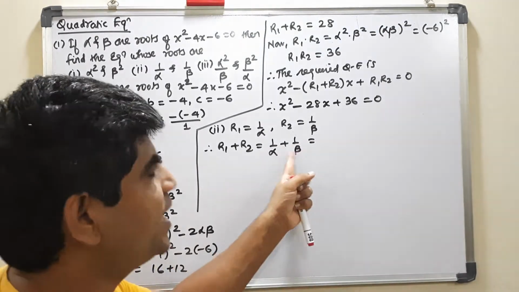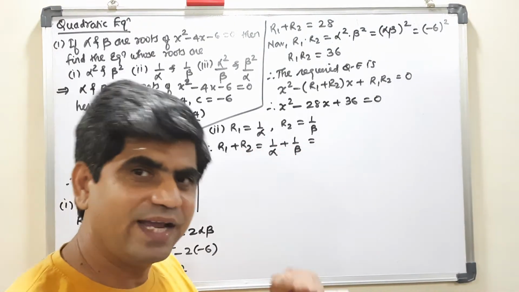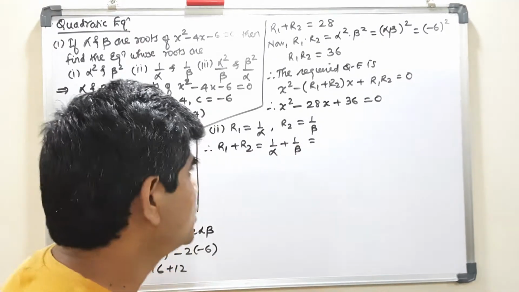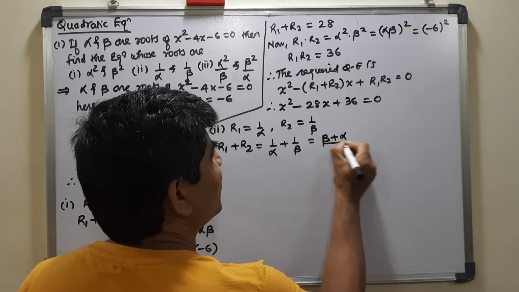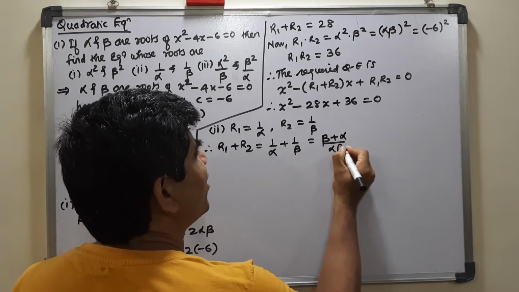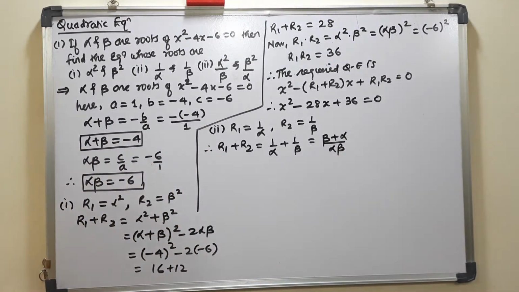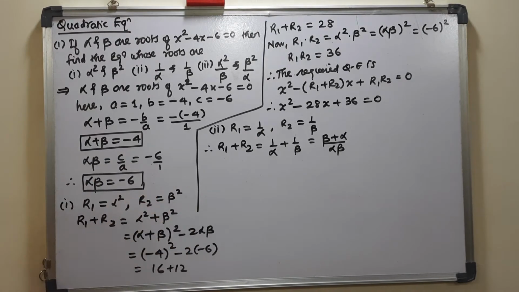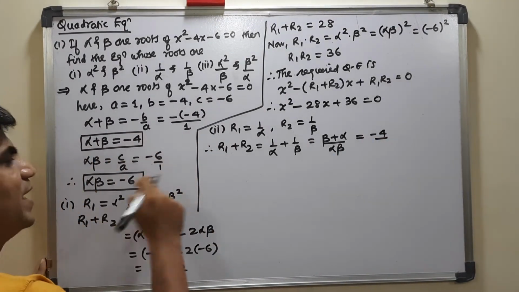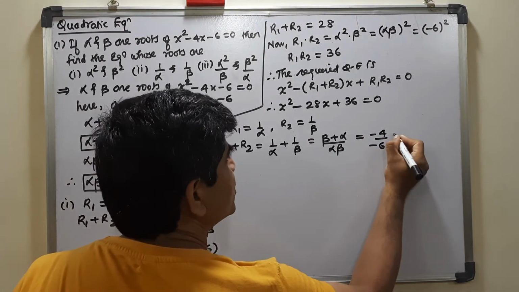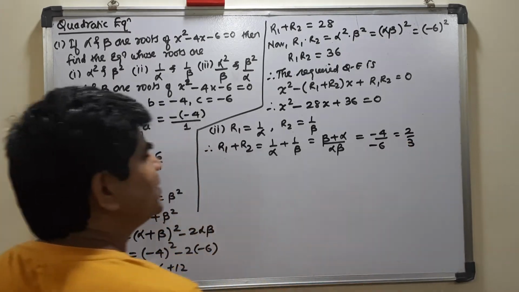The denominators not being the same, I need to cross multiply. So I will get beta plus alpha upon alpha beta. Very good. So I have the value of alpha plus beta, which is already minus 4, and I have the value of alpha beta, which is equal to minus 6. So it is nothing but 2 by 3.